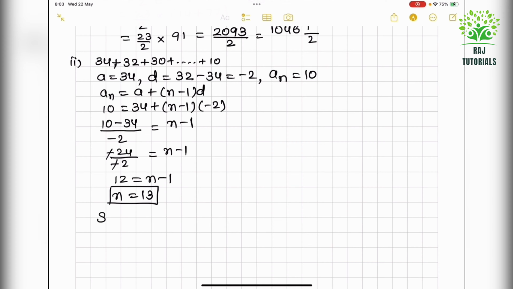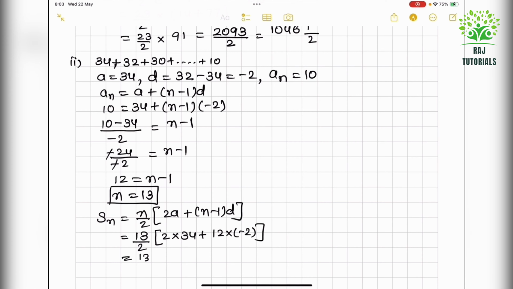Now Sn equal to n by 2 into 2a plus n minus 1 d. So I can say 13 by 2 into 2 into 34 plus 13 minus 1, 12 into d is minus 2.